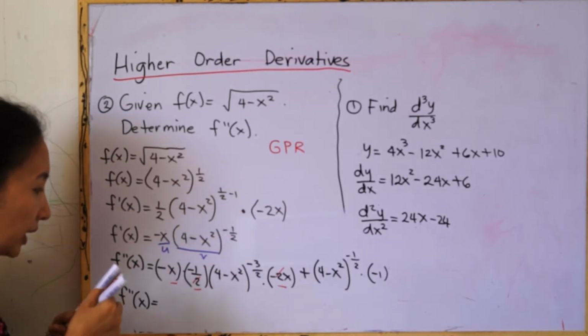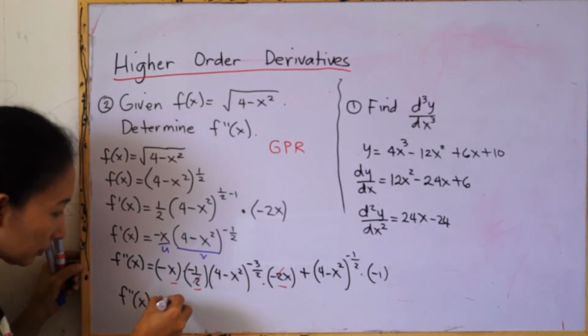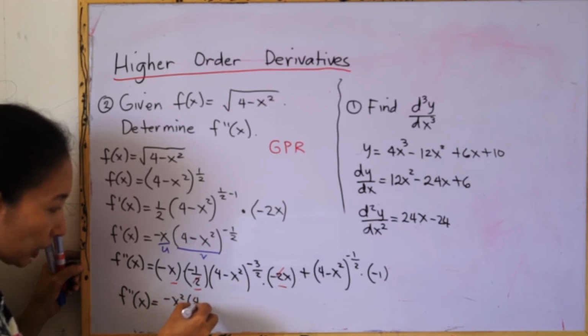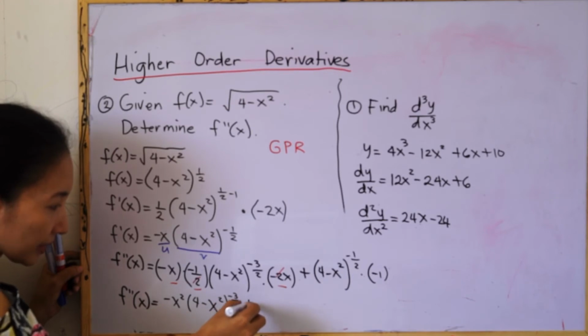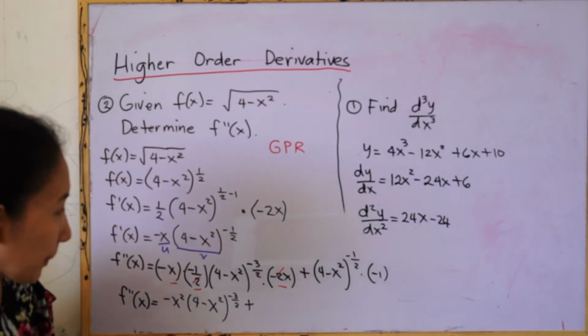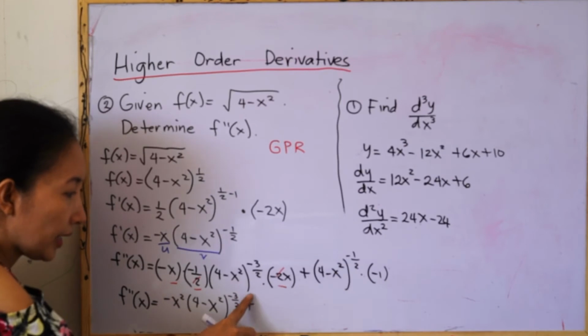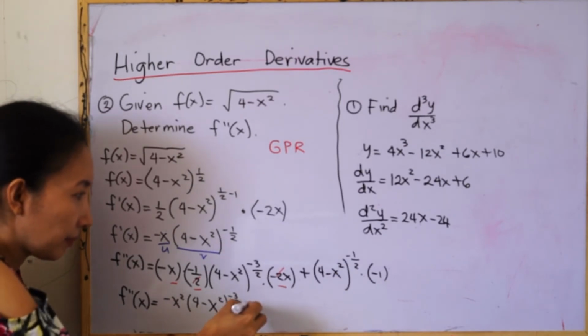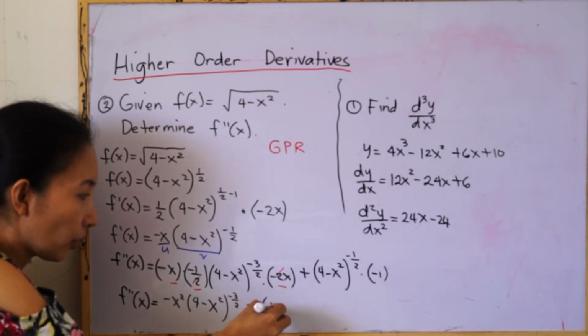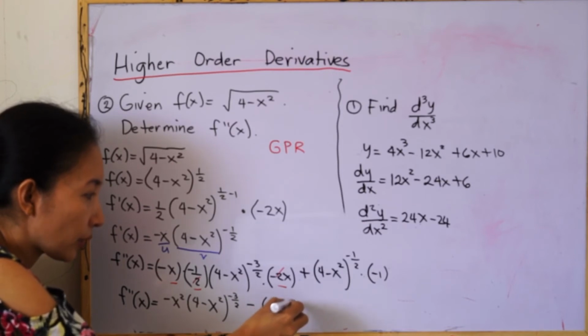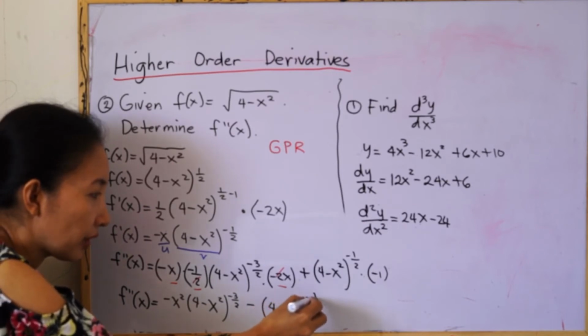So we get negative x squared times 4 minus x squared raised to negative 3/2, minus 4 minus x squared raised to negative 1/2.